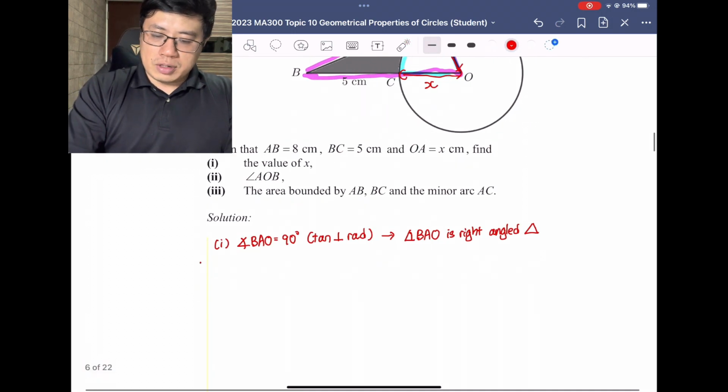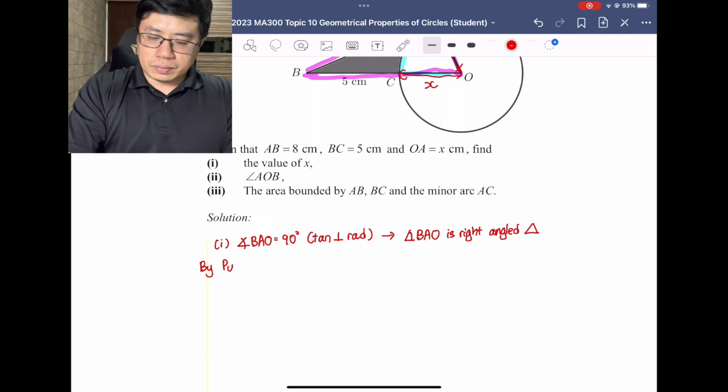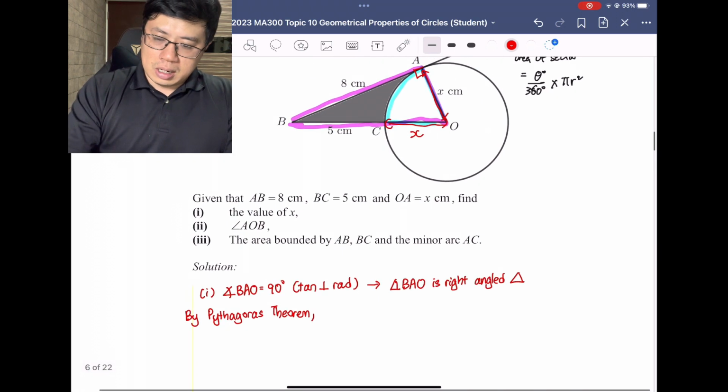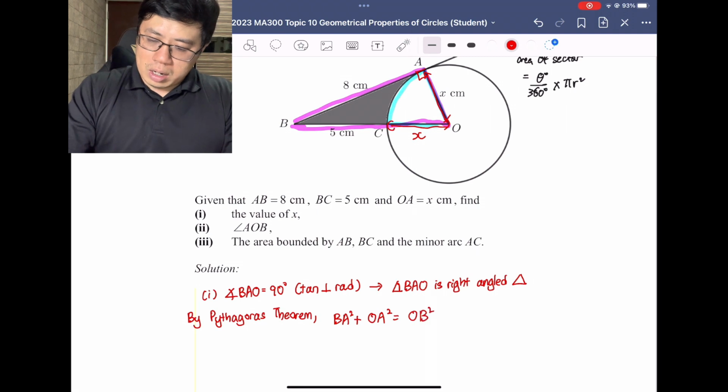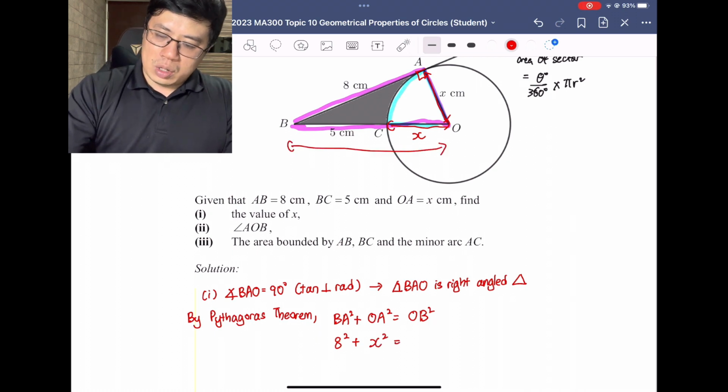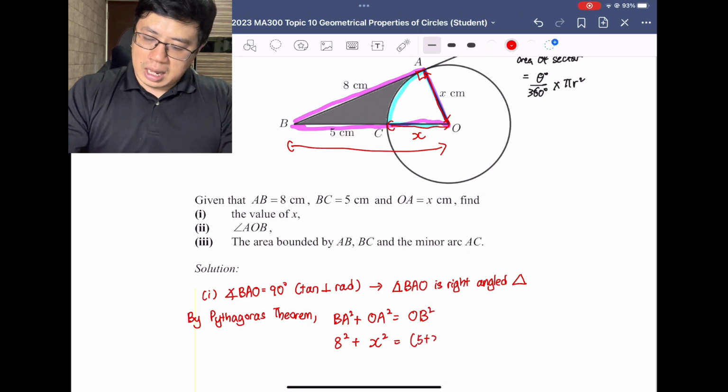BA is 8, OA is X, which is the radius, and OB in this case would be 5 plus X, all squared.